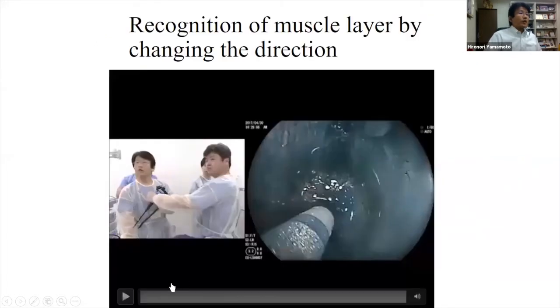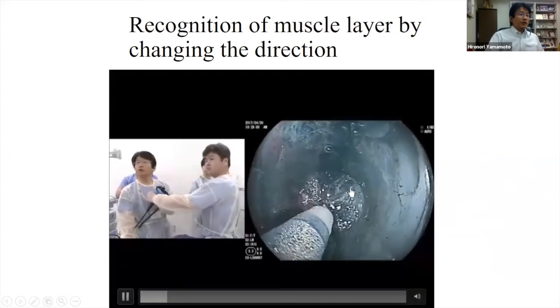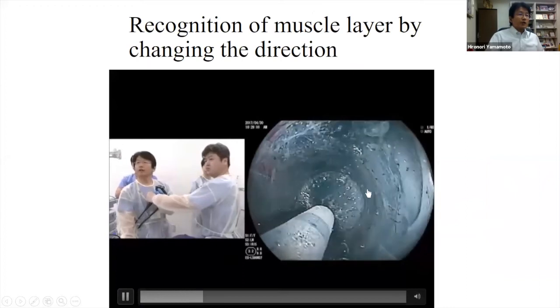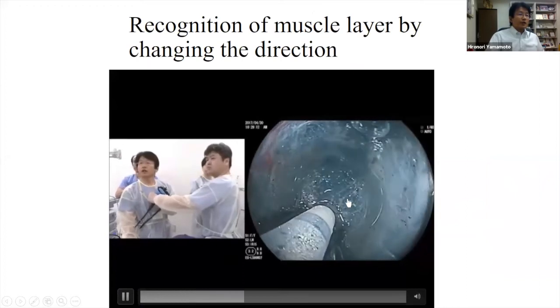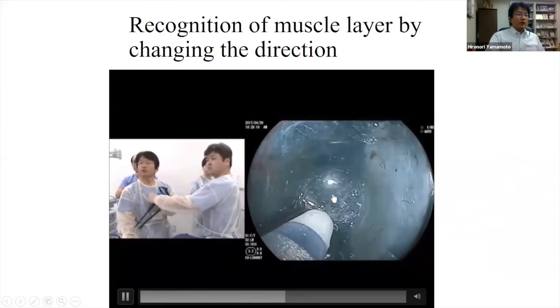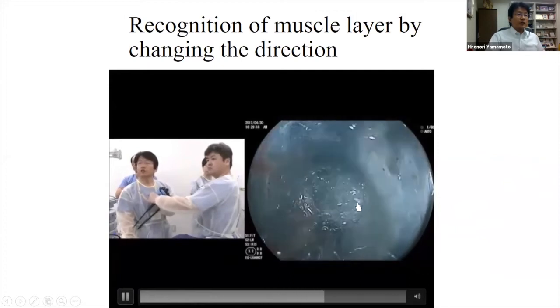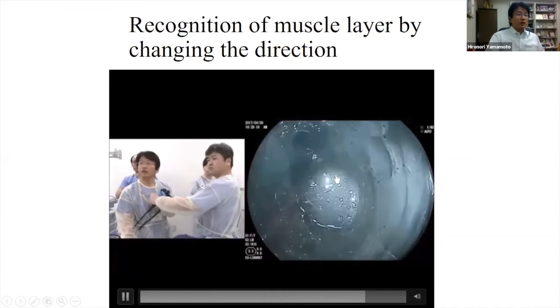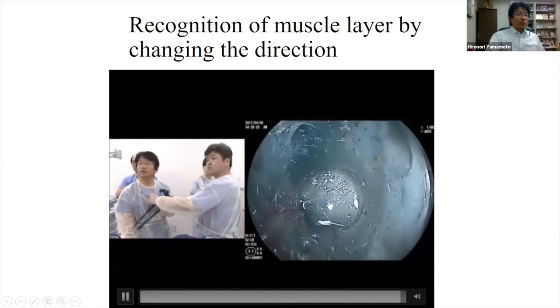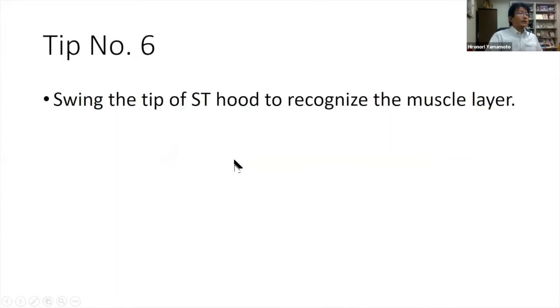And the recognition of the muscle layer by changing the direction. This is the submucosal layer, and this is the muscle layer. But by changing the direction of the tip of the ST hood, the muscle layer can be recognized better.